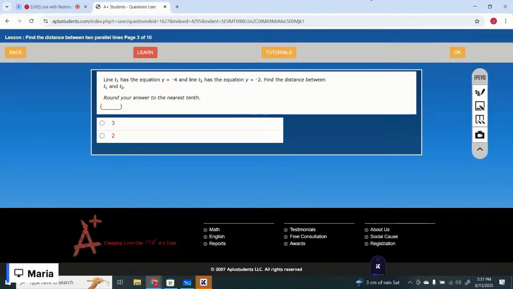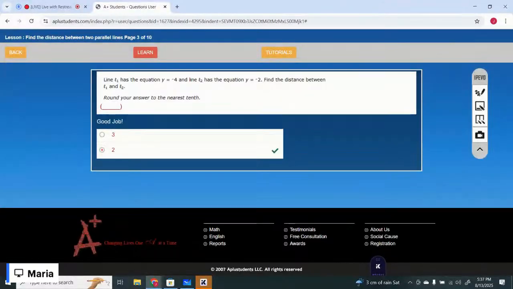So -4 plus 2 is -2, so the distance is 2. Option number 2 is the correct option.